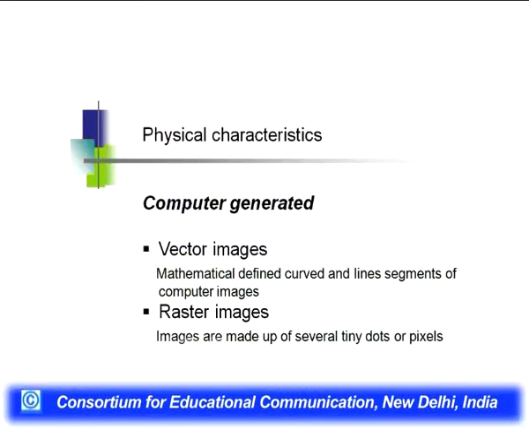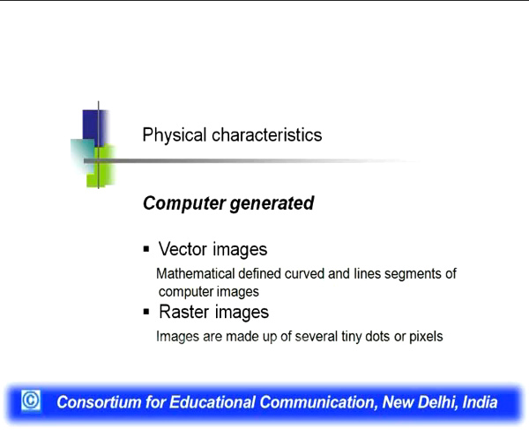Computer generated. These days, images are created on the computer. There are two ways we can generate images on a computer. One is called vector images, another is called raster images or bitmap images.